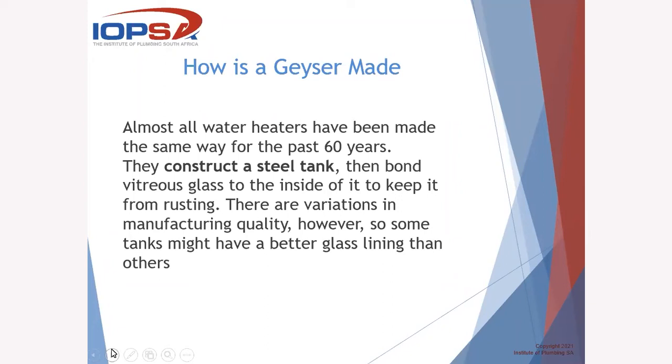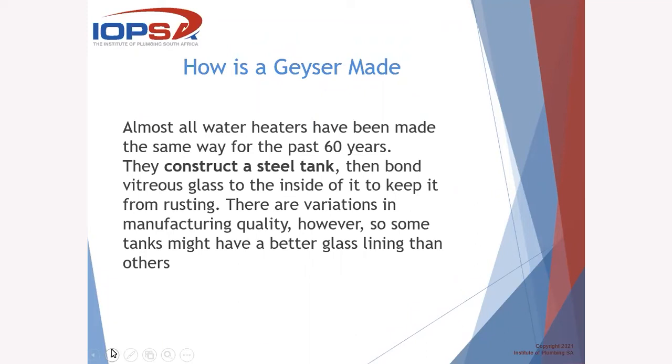You know, when they mix the chemicals for the vitreous glass, sometimes something goes wrong in the manufacturing process, and they don't get the ratios right. But 9 out of 10 times they do. And these geysers have been made like this for the past 60 years. Obviously, you do get the other fiberglass geysers. In that case, they don't have an anode because water can't corrode or rust fiberglass.